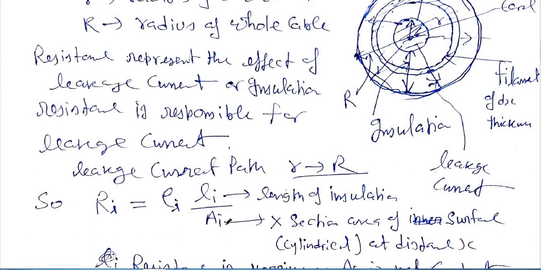Ai means the cross sectional area of the insulation, but here the cross sectional area is continuously varying from here to here. If you consider a very thin layer, this insulation is composed of thin filaments, hundreds of filaments, one over the other.